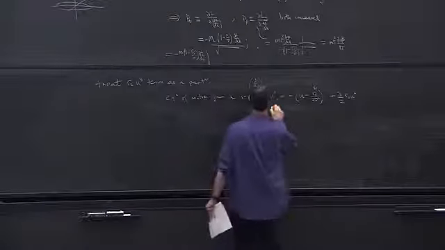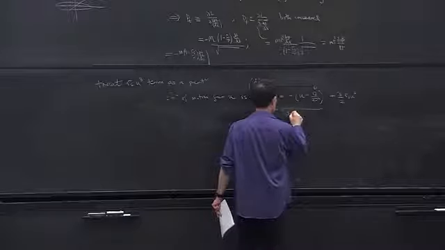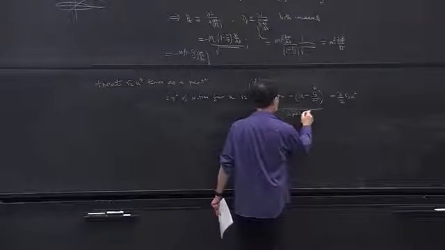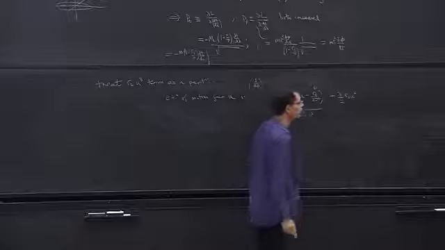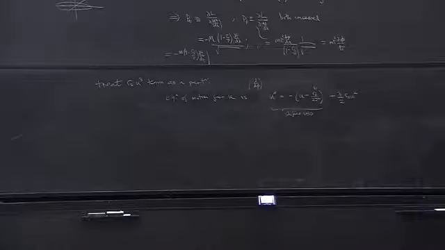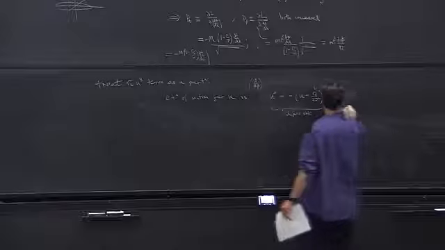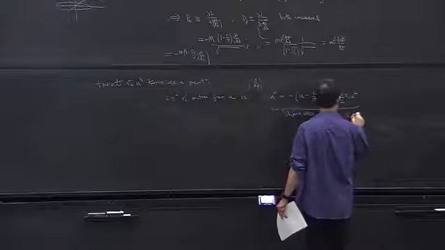All of this is my shifted simple harmonic oscillator with the solution 1 plus e cos phi times this constant. And here is my perturbation. This is my GR perturbation.